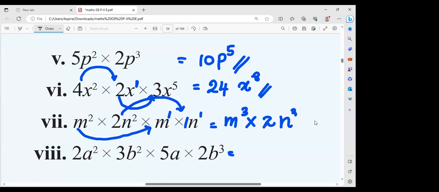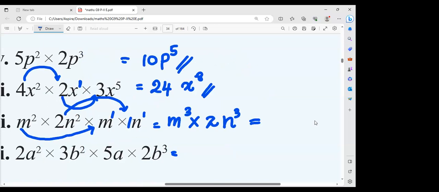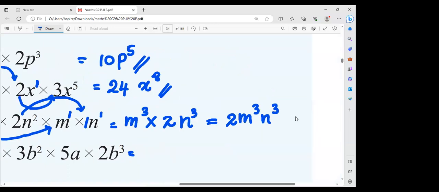Don't try and keep the answer like this because we have to give the priority for the coefficient. So we write the coefficient first, then m to the power of 3 times n to the power of 3. Sometimes this can be simplified further, 2 times m times n to the power of 3.